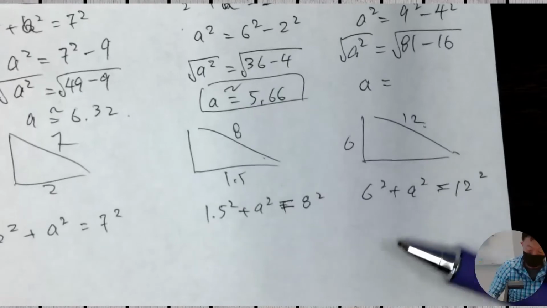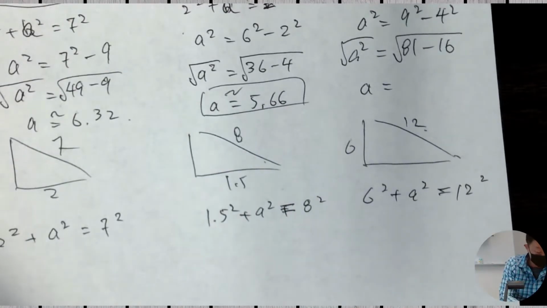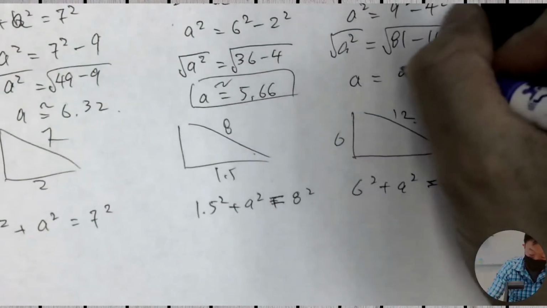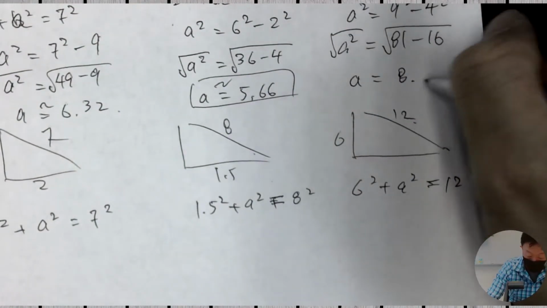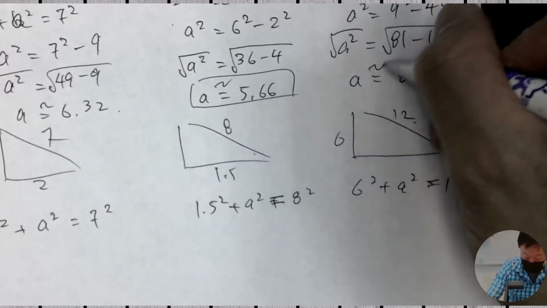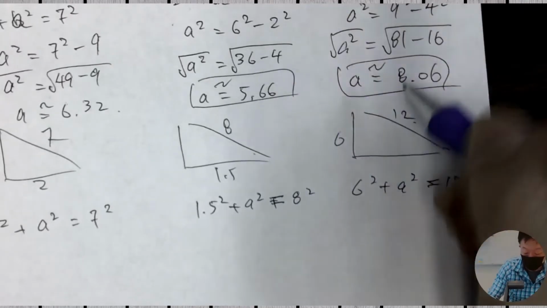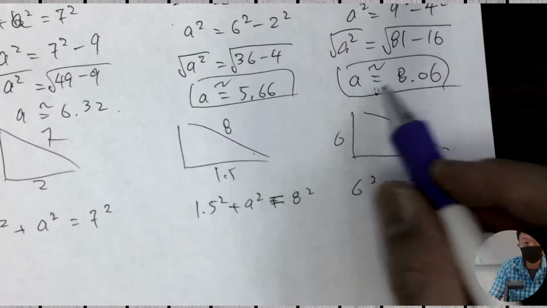A would be 81 minus 16, it's gonna be 65. Square root 65 is gonna give you 8.06 roughly. So again, we are doing approximation. Be sure you don't use the equal sign, okay? It's an approximately equal.